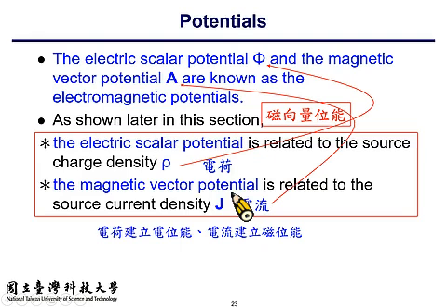And the charge density rho is the direct source of electrical field. And the electrical scalar potential is directly related to charge distribution.